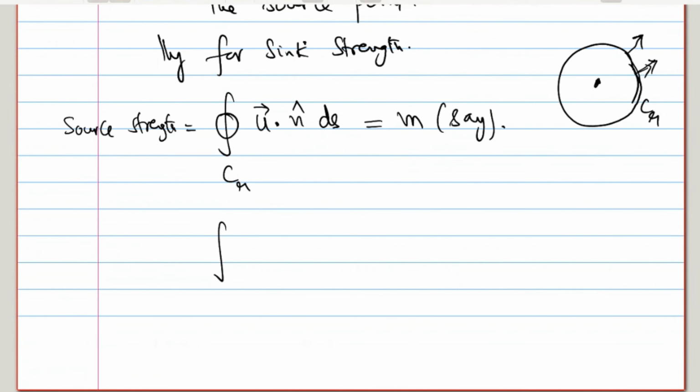UVW, sir. Yeah. First of all, ds, no? What is ds? This is the line integral. U dot n, so that is basically your scalar function. So how do you calculate?